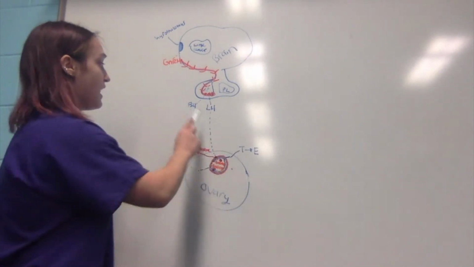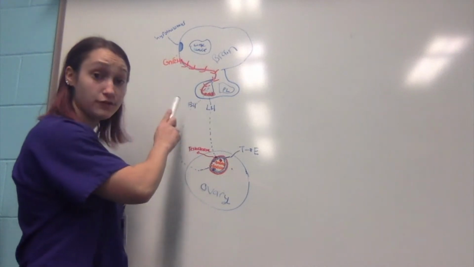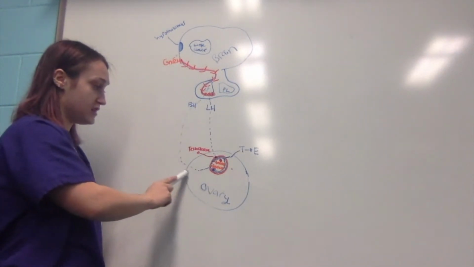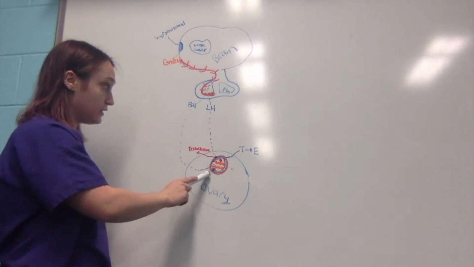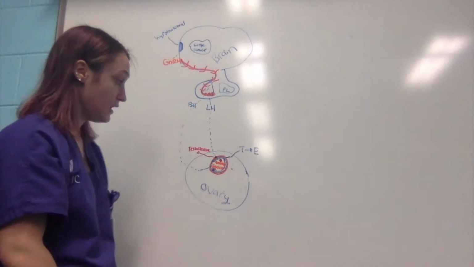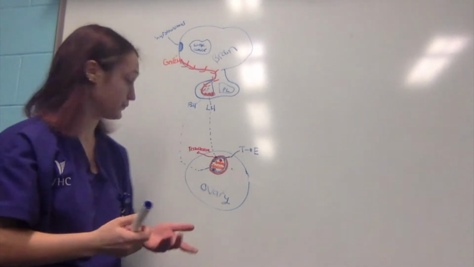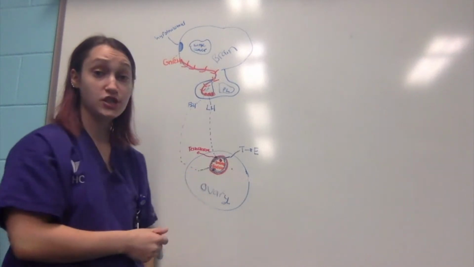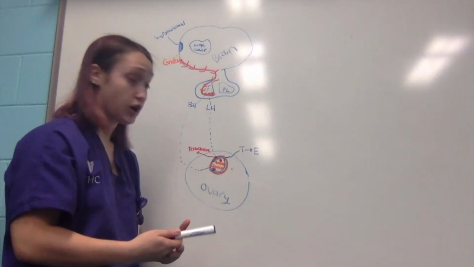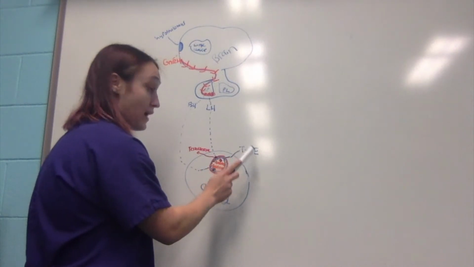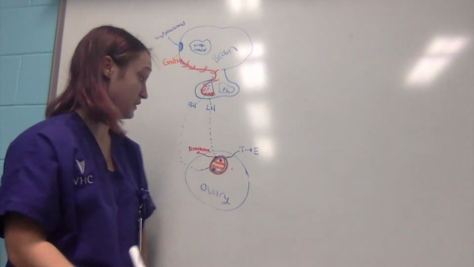So once FSH is released from the anterior pituitary, it travels through blood into the ovary to the granulosa cells of the antral follicle. Now, this causes testosterone, which is a 19-carbon steroid, to get transformed into estradiol, an 18-carbon steroid.